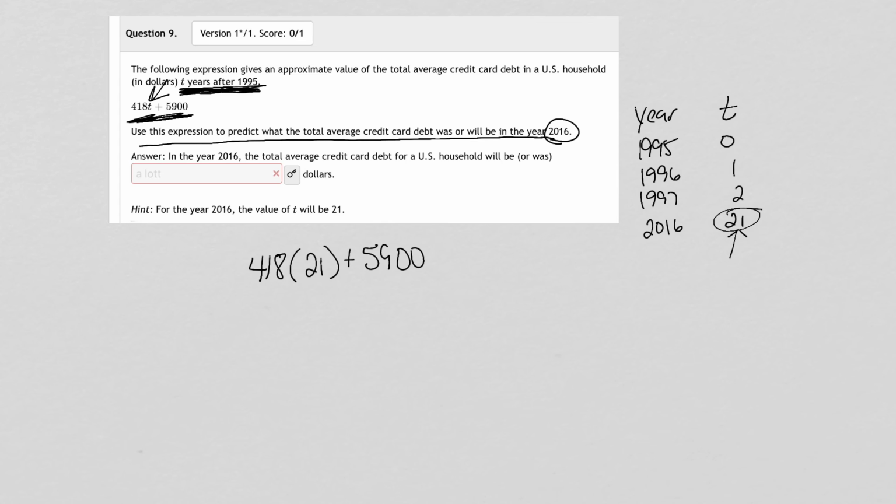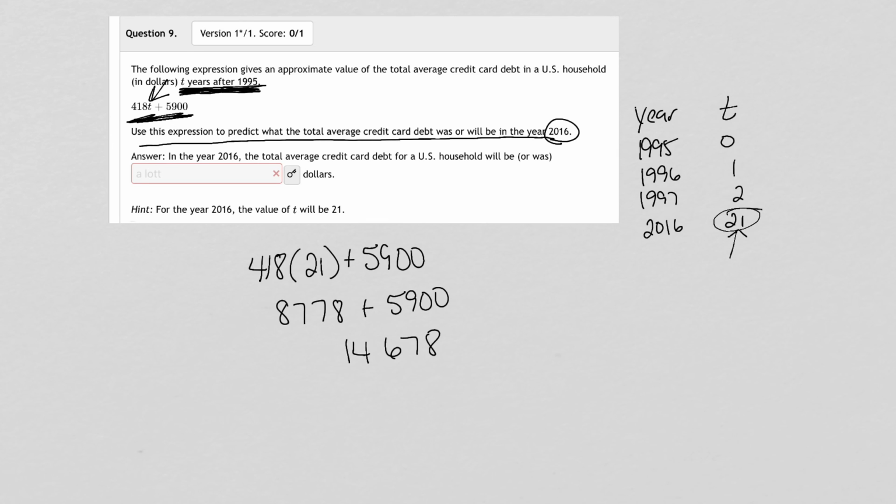I am going to grab my calculator. I don't want to do this kind of math. On my calculator, 418 times 21 gives me 8,778. I want to add 5,900 to that, which gives me 14,678.